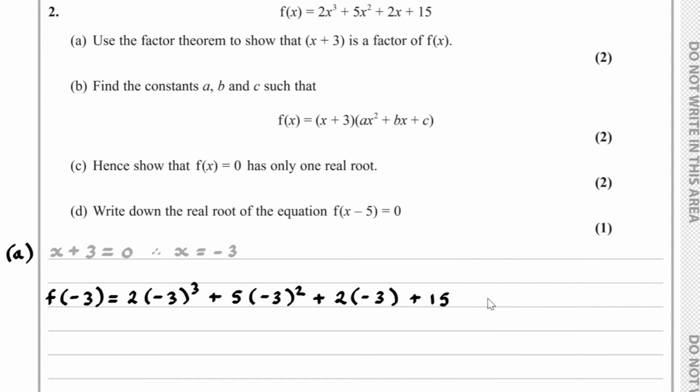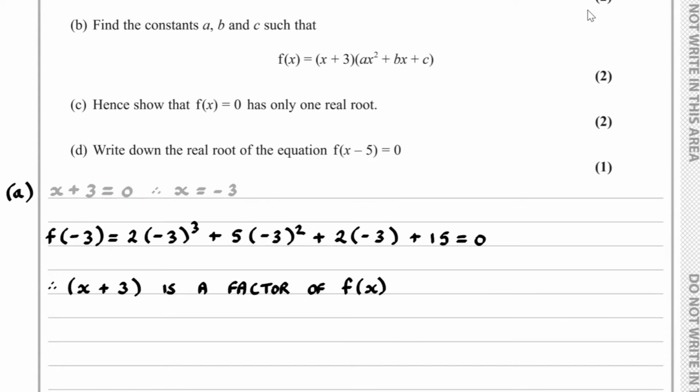And so what we can see here then is f of negative 3 is equal to 0. And therefore x plus 3 is a factor of f of x, and that's because f of negative 3 is equal to 0.